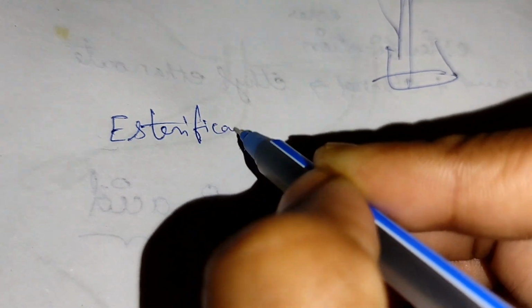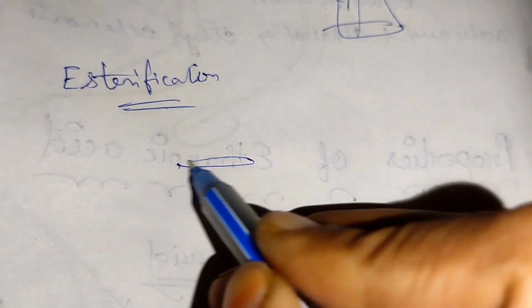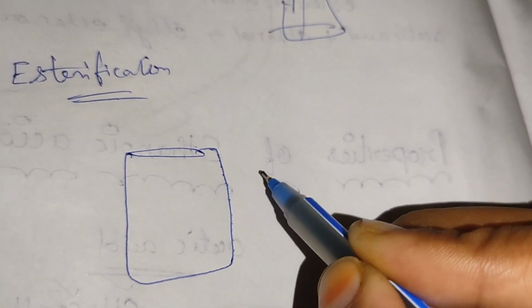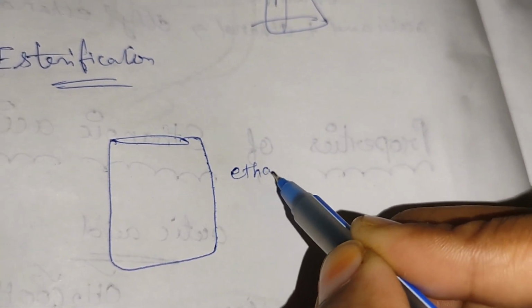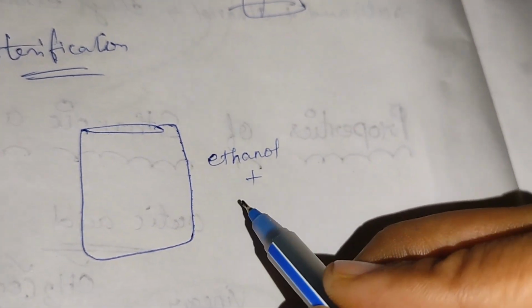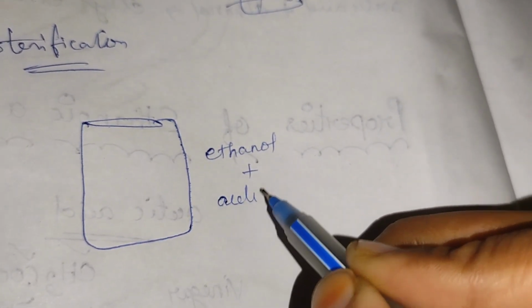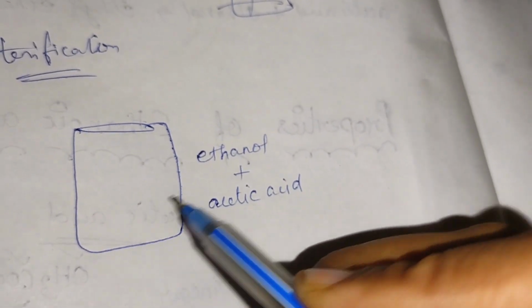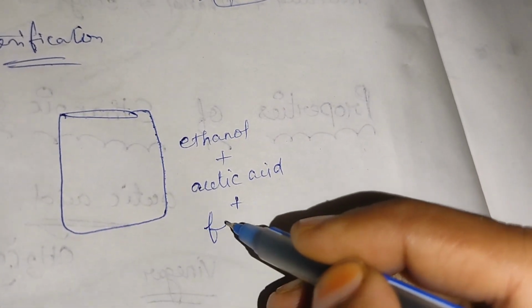Now, in one beaker, I am taking 1 ml of ethanol, the alcohol, plus 1 ml of acetic acid, and also a few drops of sulfuric acid.